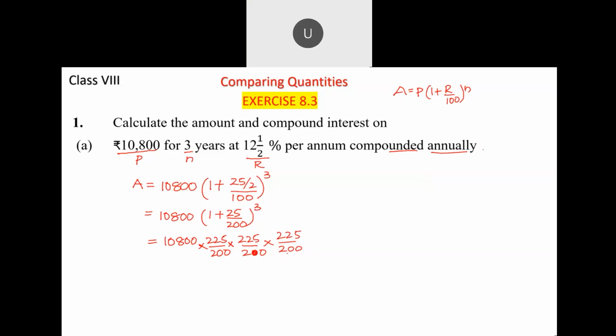These are the calculations, you must do it. So let's simplify. Two of the zeros will get cancelled. Here we have 200 into 2 into 200 into 2. The amount is 15,377.34.